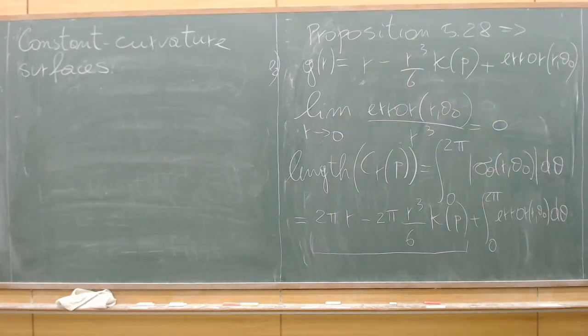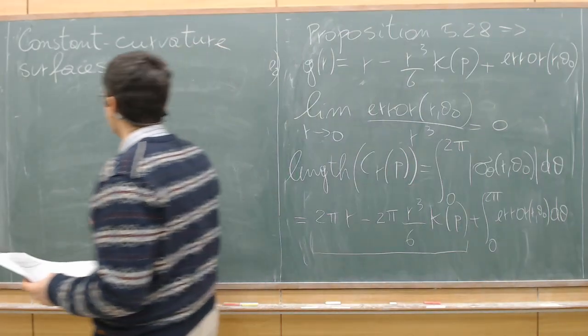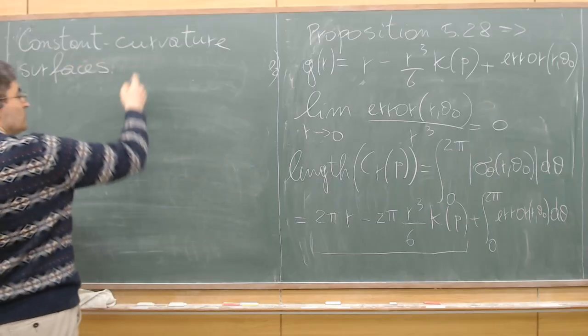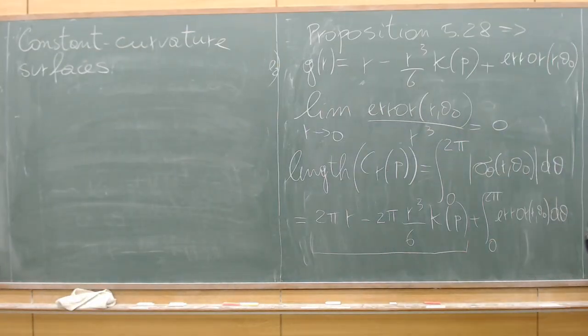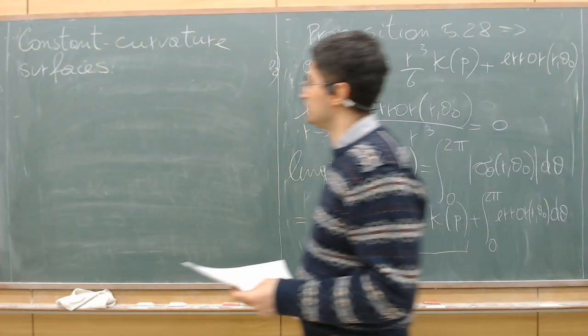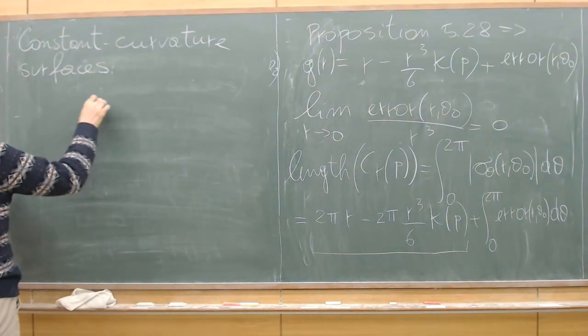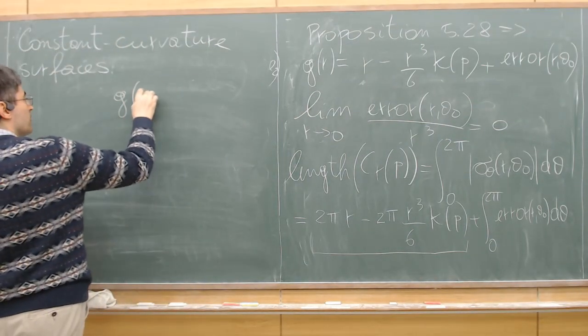If a regular surface has constant curvature, we can get a more precise result about g of r. Why?